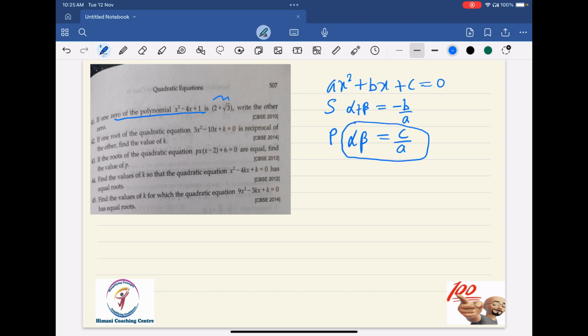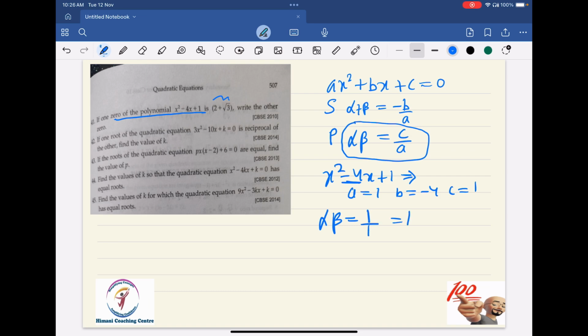Now, if you look at this particular question, x square minus 4x plus 1, and one of the roots is given as 2 plus root 3. So what is a here? A is 1. B is the coefficient of x, which is minus 4. C is 1. So the product of roots, alpha times beta, would be 1 by 1, which is just 1.